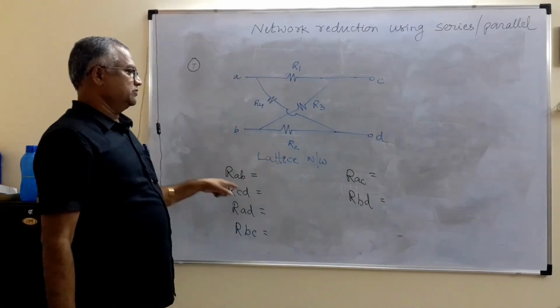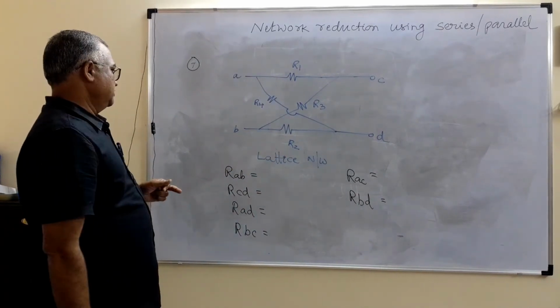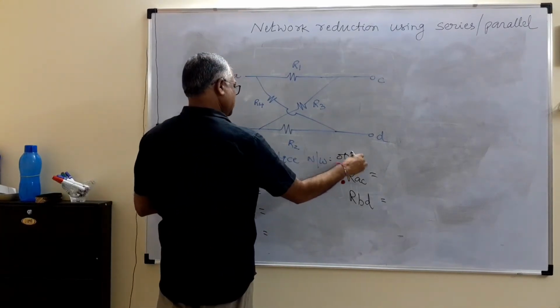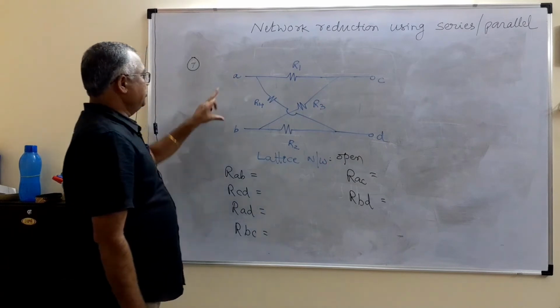So total 6 we can answer. So lattice network with open only we are taking. Later we take short. So what is RAB now?